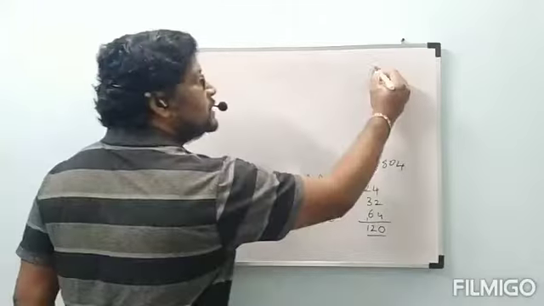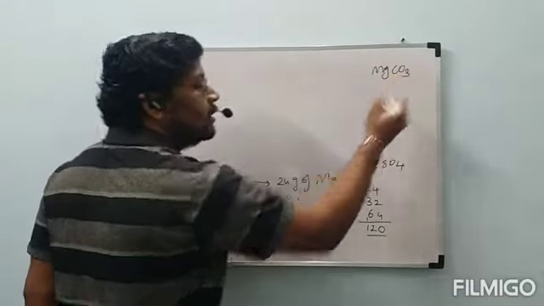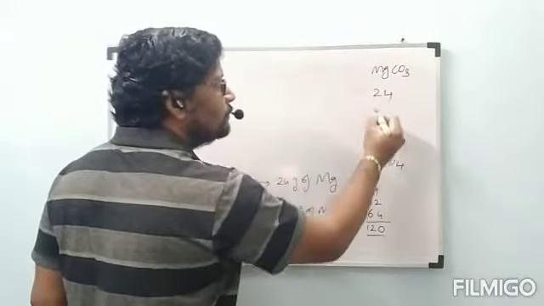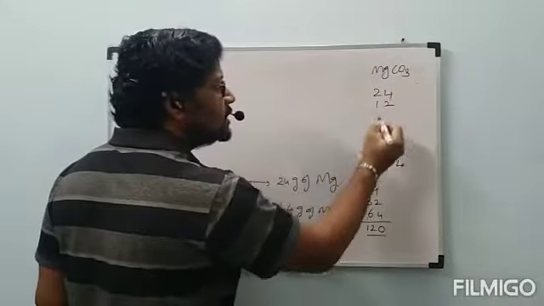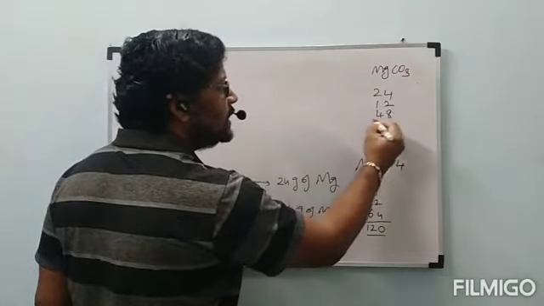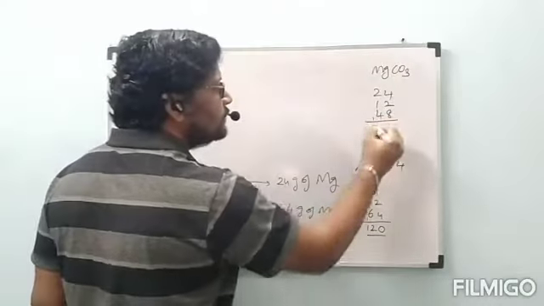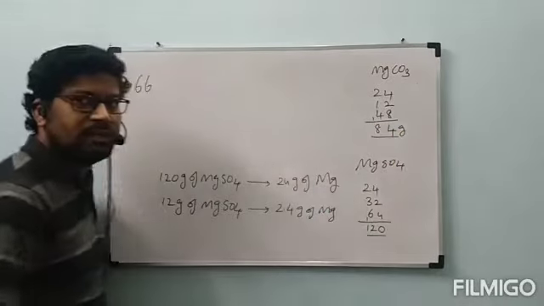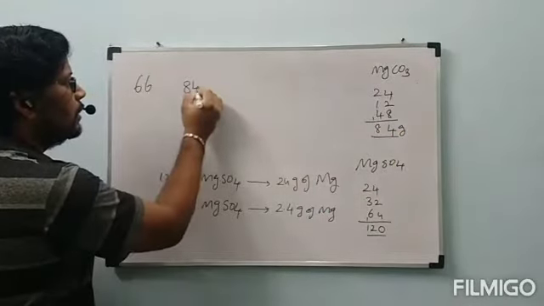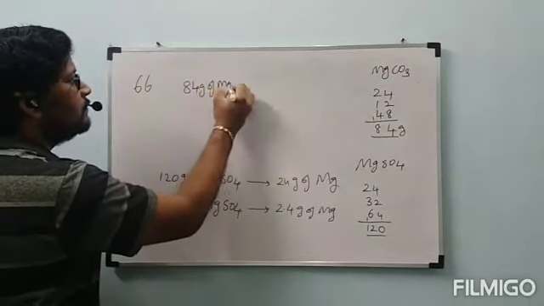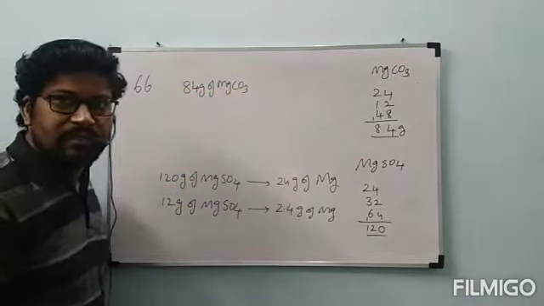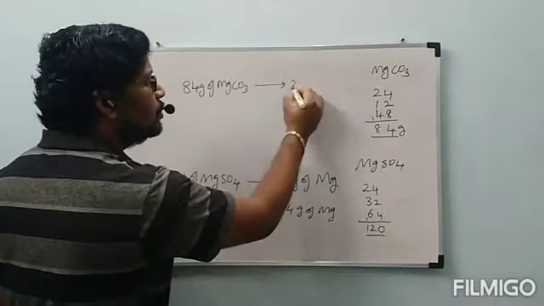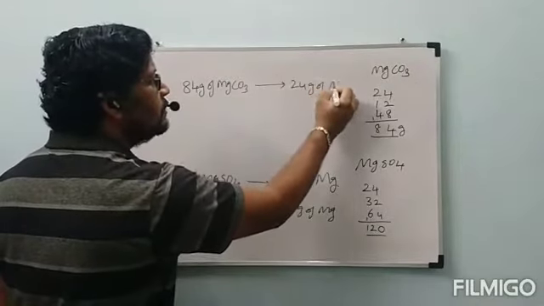Now MgCO3 gram molecular weight: 24, 12, oxygen 3 into 16 is 48, which gives 84 grams of MgCO3. 84 grams of MgCO3 contains 24 grams of magnesium.